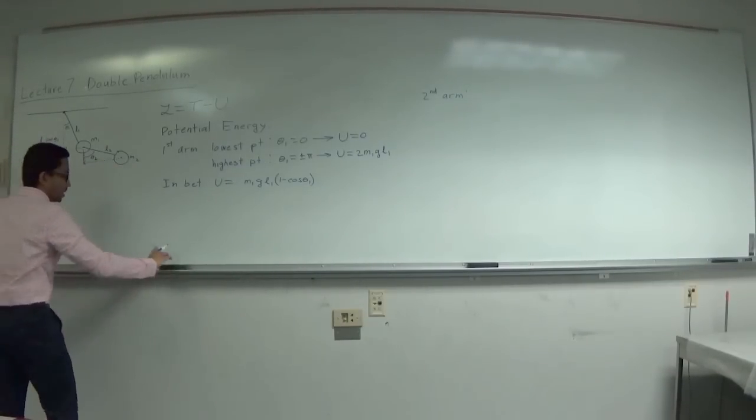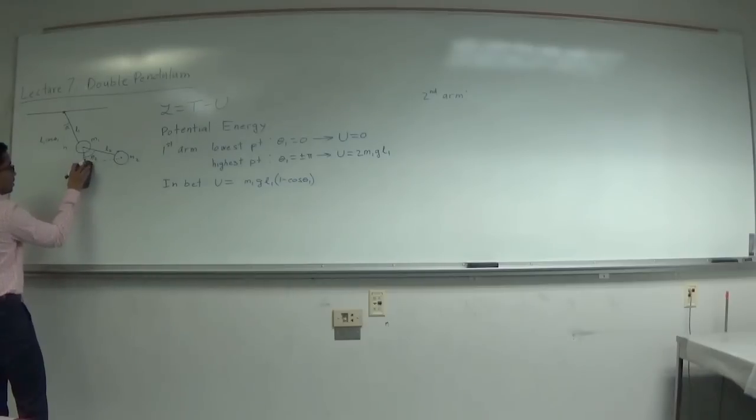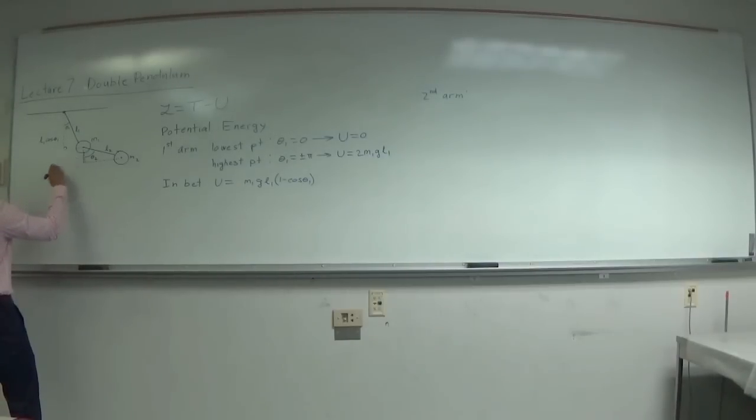So let's see what it is. Over here, this is L2 cosine theta 2. So we have that for the height here, and we know what the lowest height is.